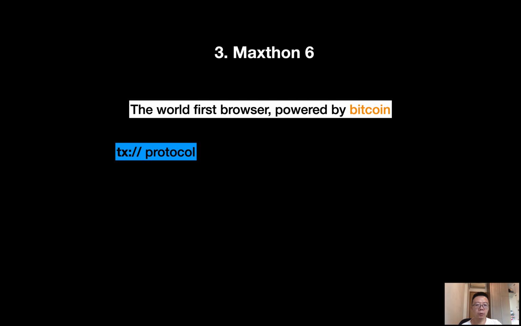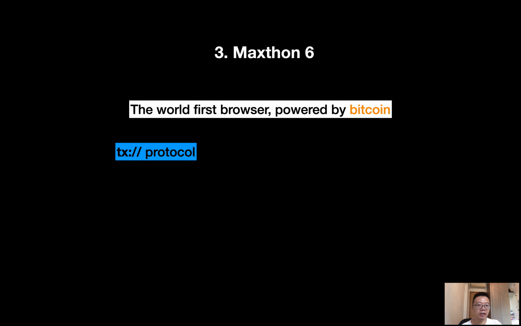You know, we have a lot of blockchain explorers which will show the details of any transaction. But as we know, the BSV blockchain can embed data into transactions as well.